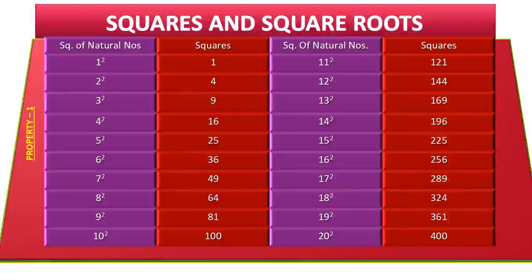If a number has 5 in units place, then its square ends with 5 always. If a number has 0 in units place, then its square ends with 0. Here 10 square is 100, then 20 square is 400, also ends with 0.